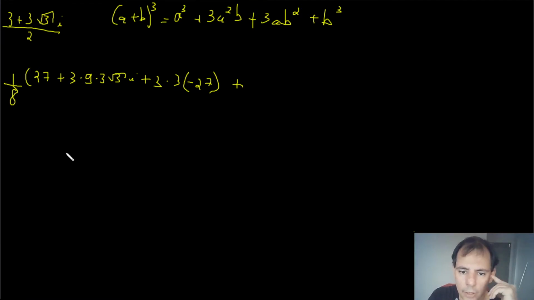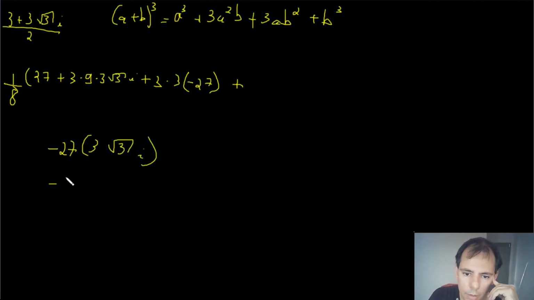So you have minus 27 times 3 square root of 3i, which is going to be equal to minus 81 square root of 3i, okay? So this minus with this plus actually becomes a minus. So I'm going to erase this stuff and say minus 81 square root of 3i.